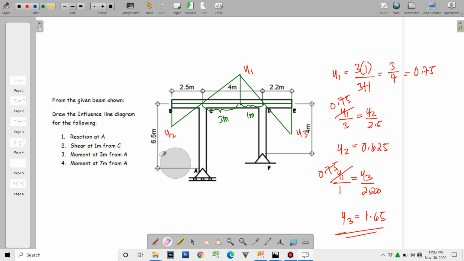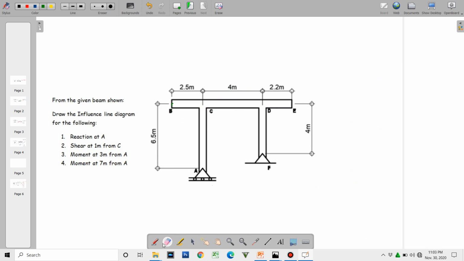Okay, so lastly, we have the moment 7 meters from A. So this is A, 7 meters. So 7 meters exceeds this portion.